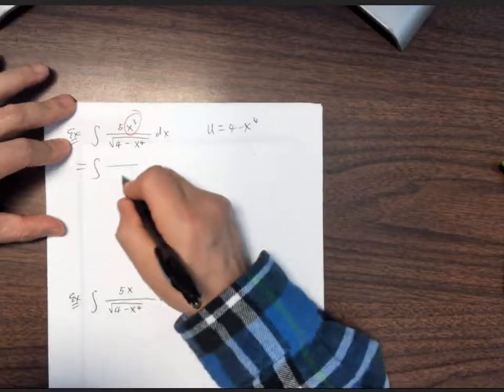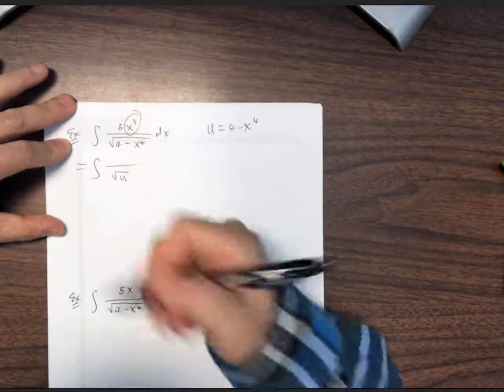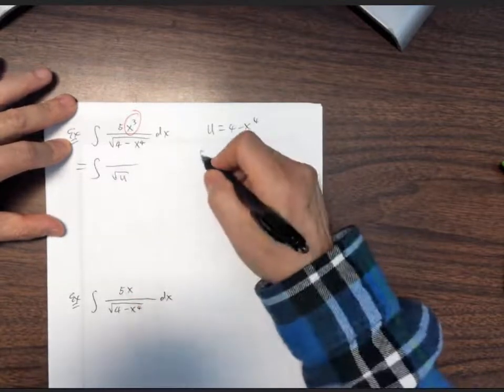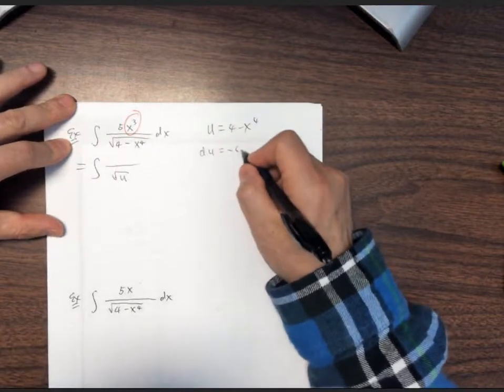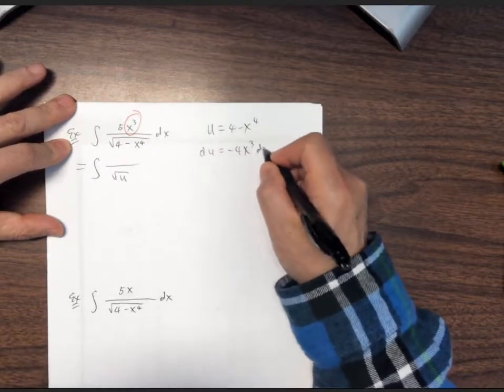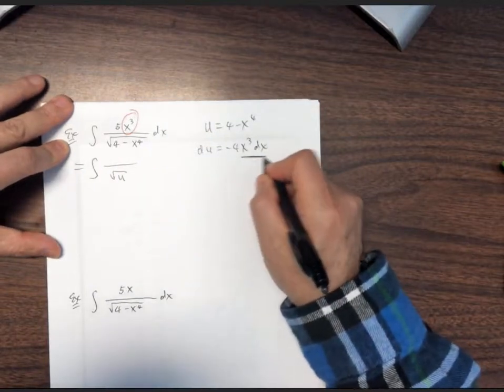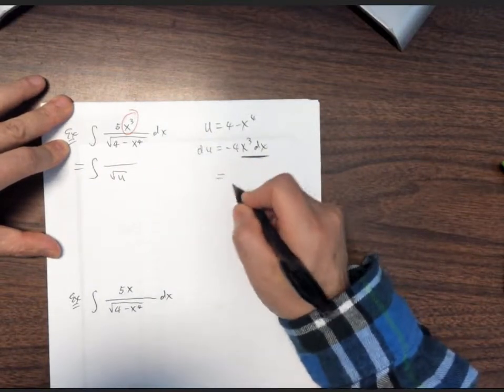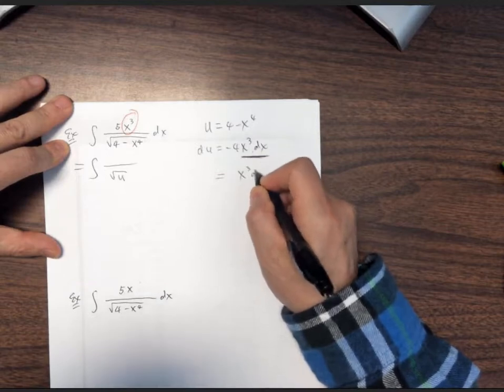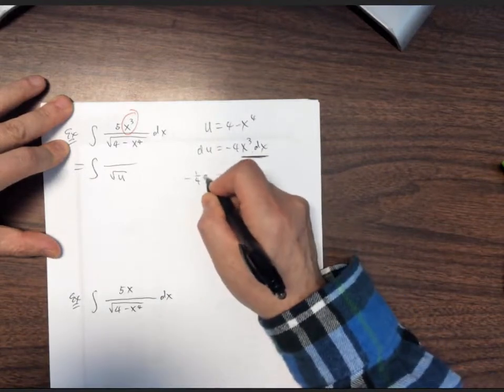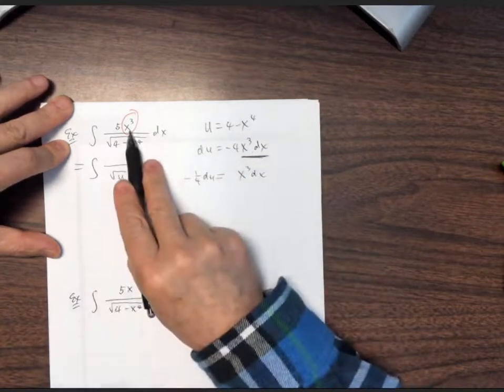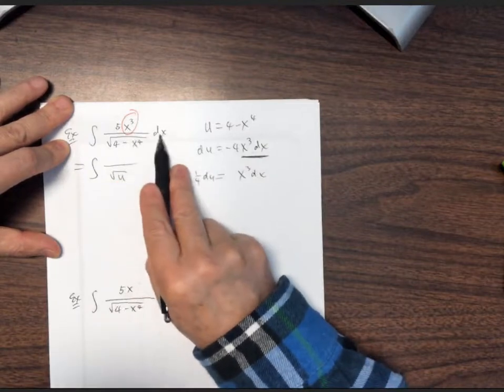The integral becomes square root of u on the bottom. Now the top, well, du equals negative 4x to the third power dx. x to the third power times dx is negative 1/4 du. And it's x to the third power dx together, right?